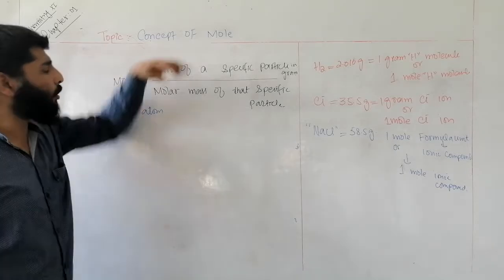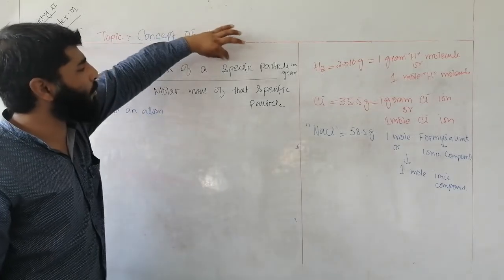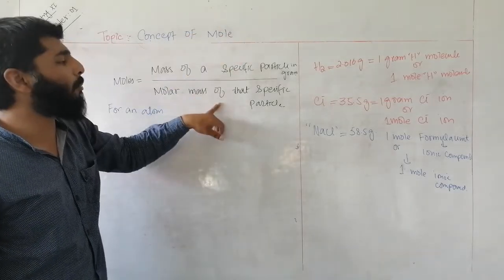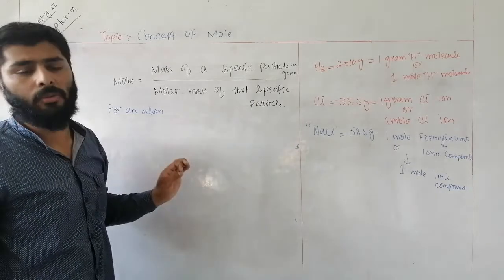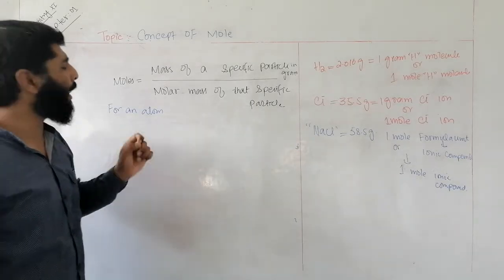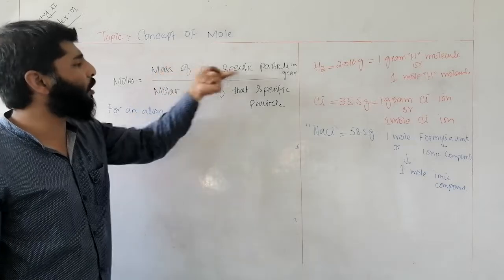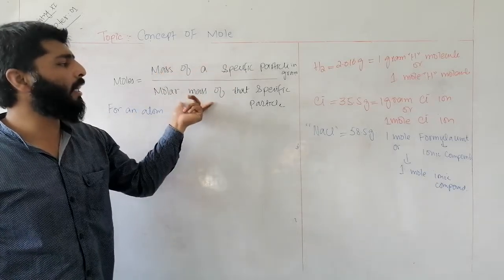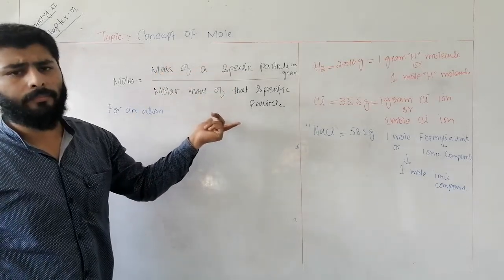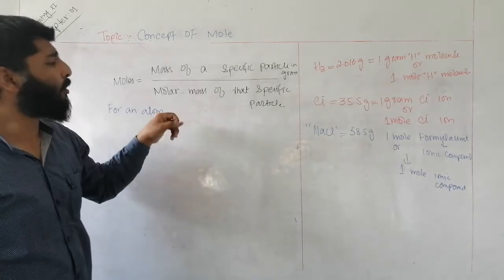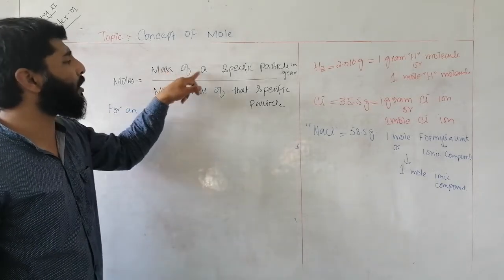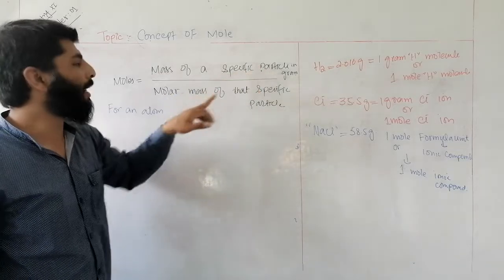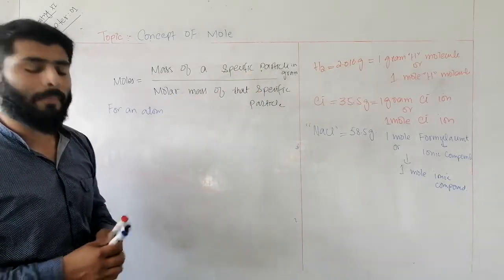For a molecule, you can write mass of a molecule divided by molar or molecular mass of the molecule. Then for an ionic species, you can write mass of an ion divided by ionic mass. Then for an ionic compound, you can write mass of an ionic compound divided by formula mass.